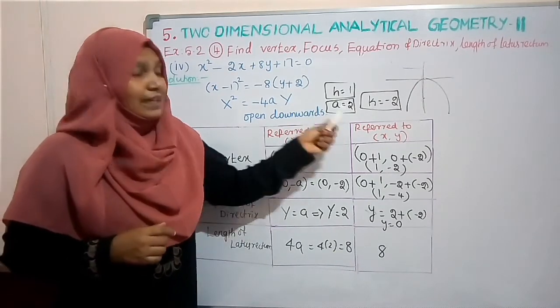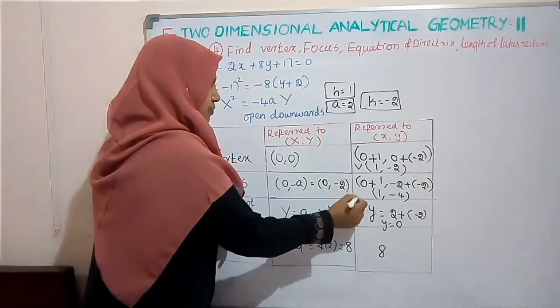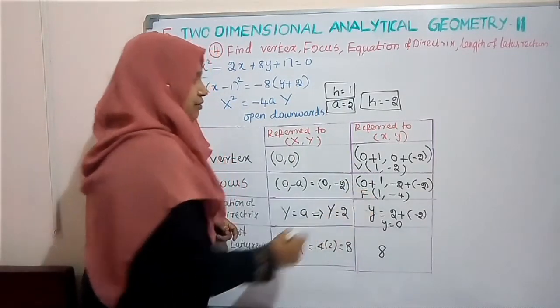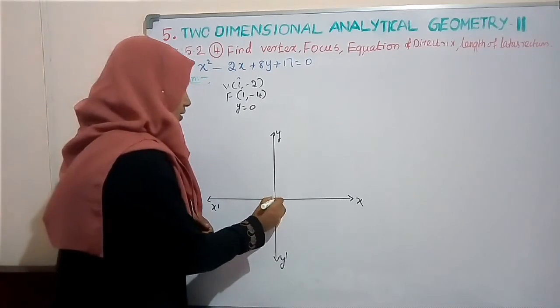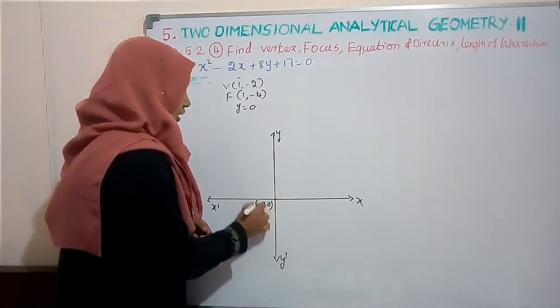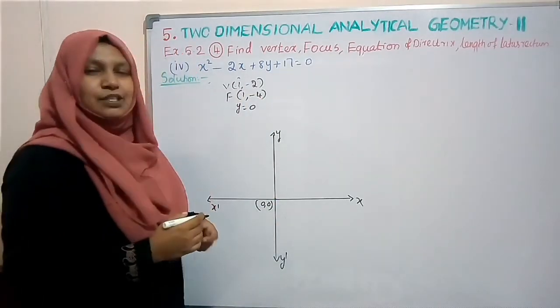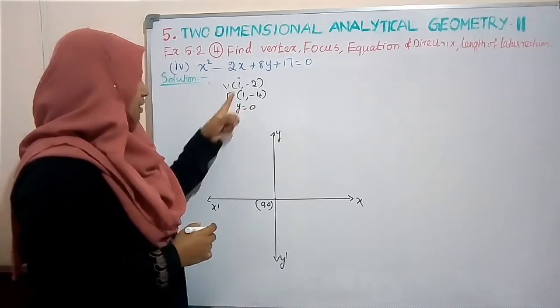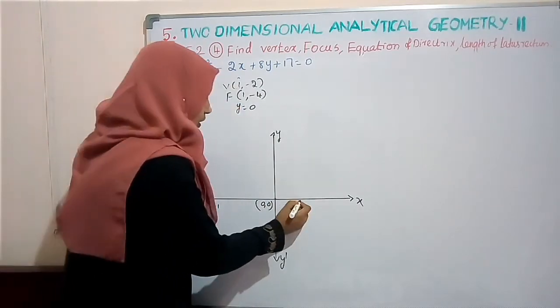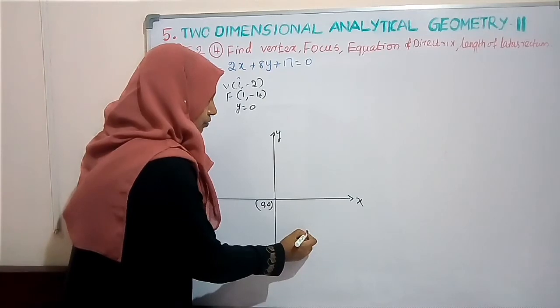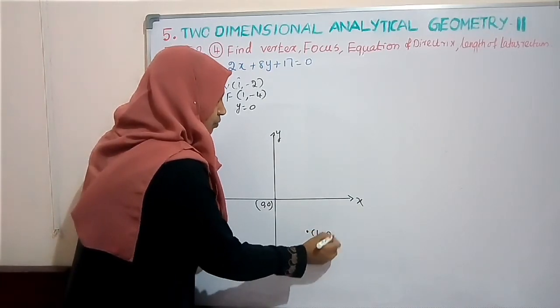And we can draw the diagram also. Mark vertex as V and focus as F. See here x axis, y axis with the origin. The vertex is 1 comma minus 2. Where does it lie? 1 comma minus 2 lies in the 4th quadrant. So just mark the vertex first.